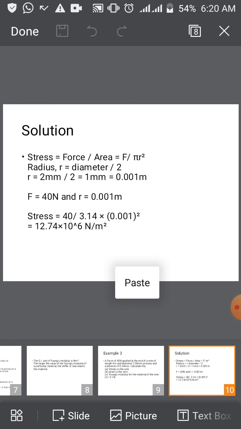Now, when we substitute the values, stress is going to be equal to 40 divided by 3.14 multiplied by 0.001 meter squared. When we solve out, we're going to have our answer to be equal to 12.74 times 10 raised to power 6 Newton per meter squared.